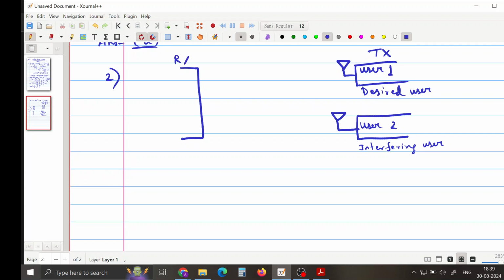On the receiver side, TX stands for transmitter and RX stands for receiver. Let me just write it down: transmitter, and this is the receiver. At the receiver, as per the question, you have 4 antennas.